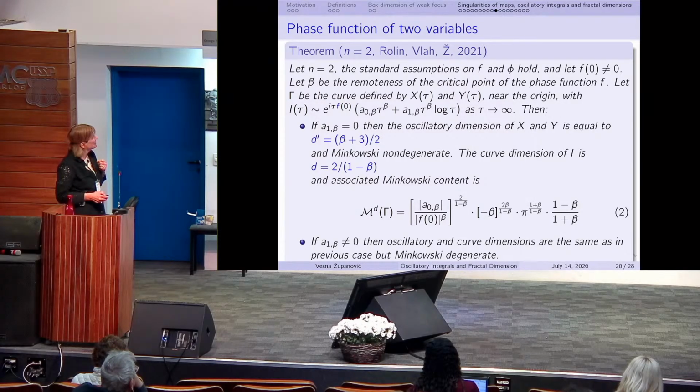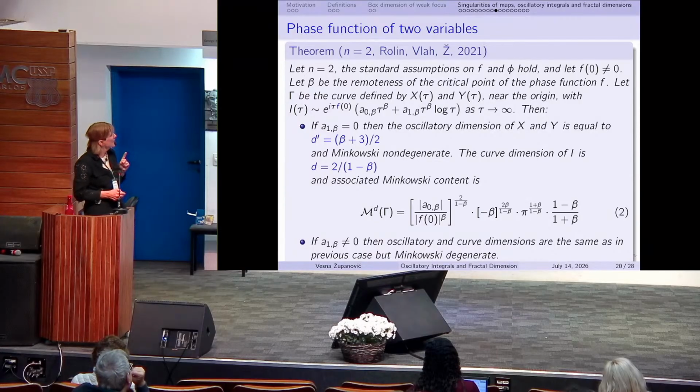So this is without logarithmic term, but if beta is equal to -1, you can see that all dimensions are 1, but the Minkowski content goes to infinity because the curves are non-rectifiable.